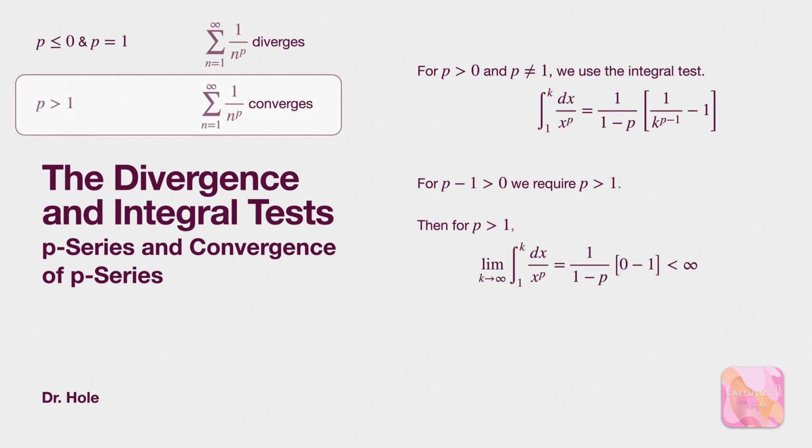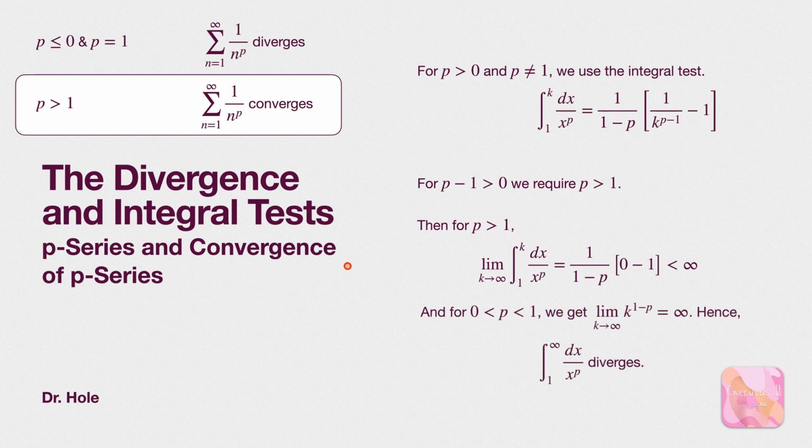Very good. So we can update our findings that p strictly greater than 1 leads to a convergent p-series. And then looking at the case of p trapped between 0 and 1, repeating our computation, but now, 1 minus p is going to be a positive value.